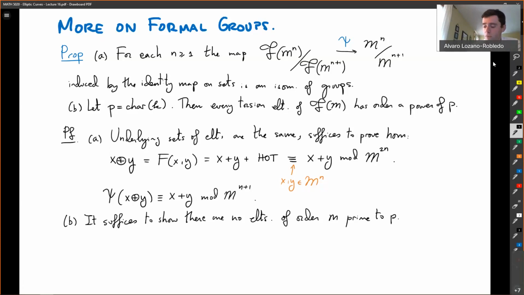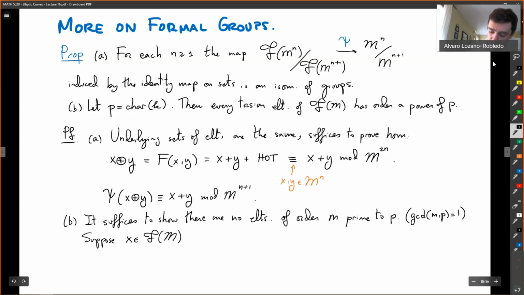Okay, so we assume that the GCD of m and p is 1, and suppose for a contradiction that x is in the m torsion of the formal group, so that m times x is 0.